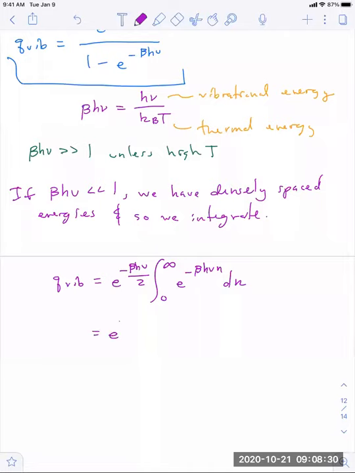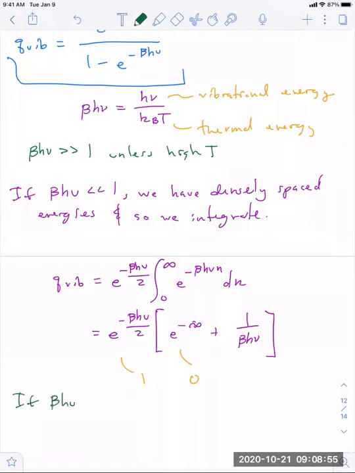And if we solve this definite integral, we can say that if beta h nu is small, then this goes to 1. You know, this is 0. And so our vibrational partition function just reduces down to 1 over beta h nu, or kT over h nu.